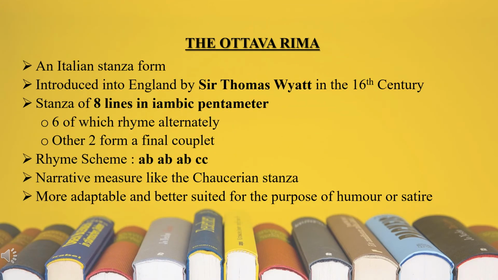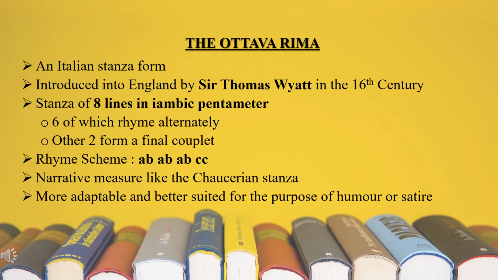Next one is the Octava Rima. Octava rima is an Italian stanza form. This was introduced into England by Sir Thomas Wyatt in the 16th century. And it is a stanza of 8 lines in iambic pentameter, 6 of which rhyme alternately, and the last 2 form a final couplet.